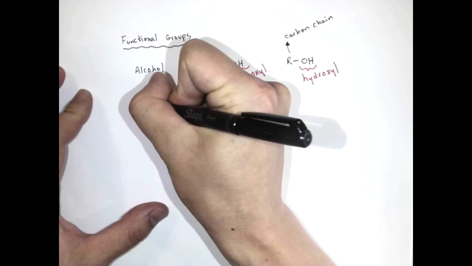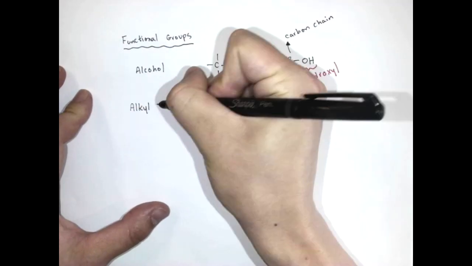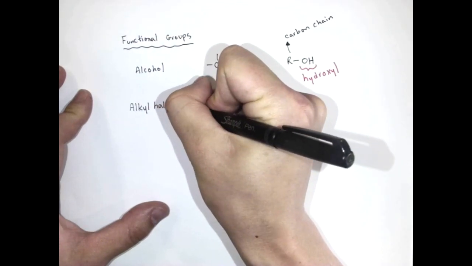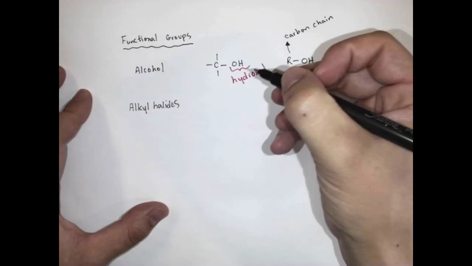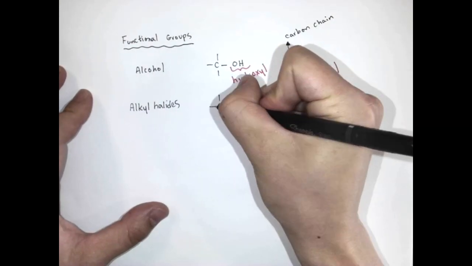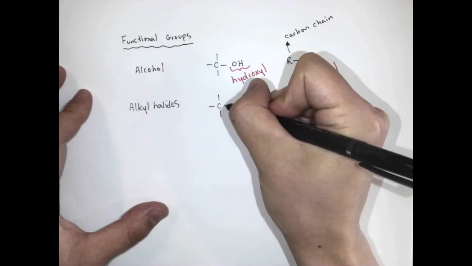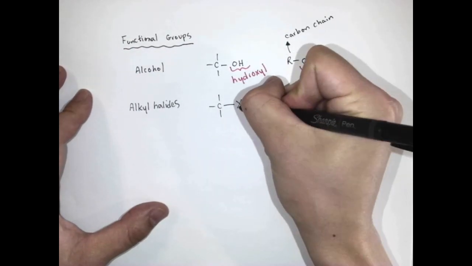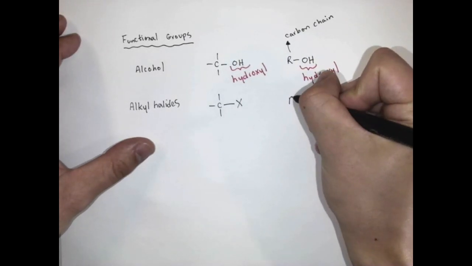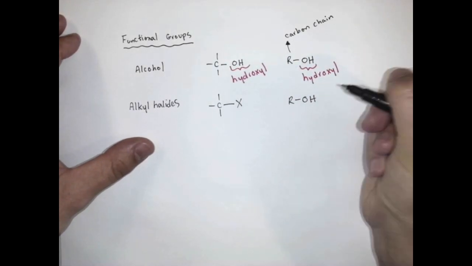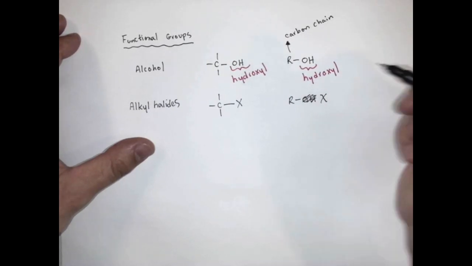The next class of compounds are called the alkyl halides. And they, like the alcohols, are going to have one of the hydrogens substituted for another group. But instead of an OH group, it's going to be X. X doesn't represent any one element.